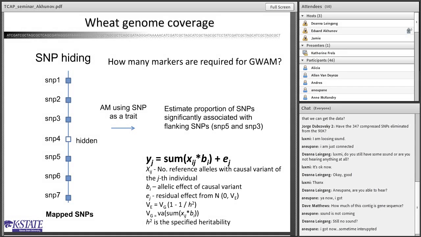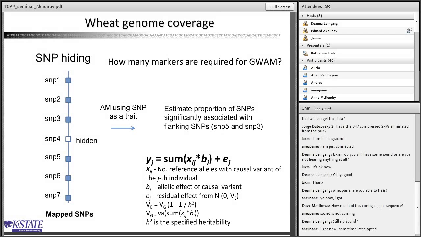Even if you have a couple of hundred markers, you may detect significant associations. But one thing that you do not know in this case is how many associations you are missing in your population.